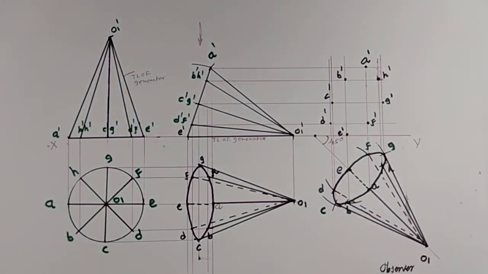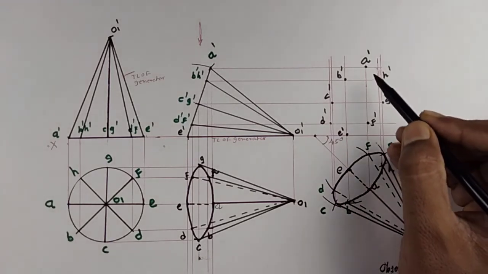Now what is happening here? Now this observer is looking at the base. So from A, B, C, D, E the circumference is nearer to observer, so it is fully visible.